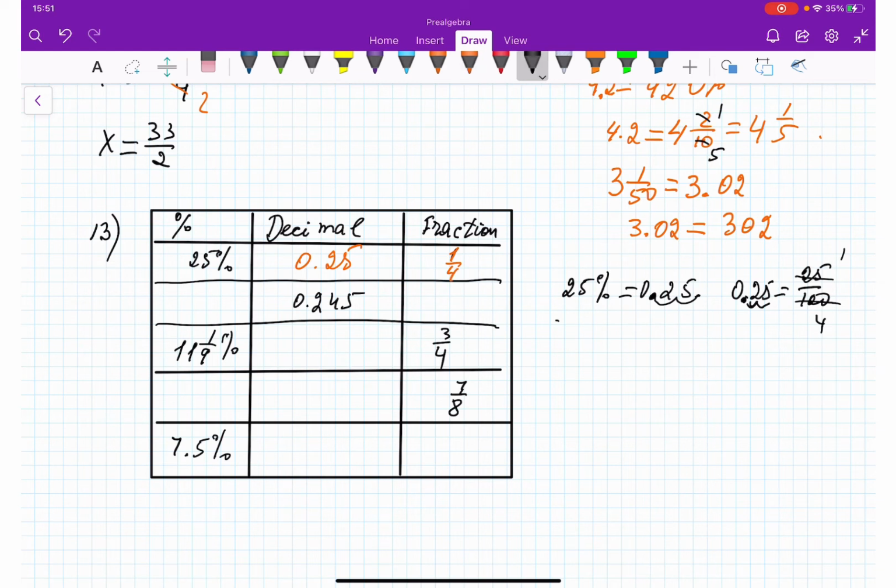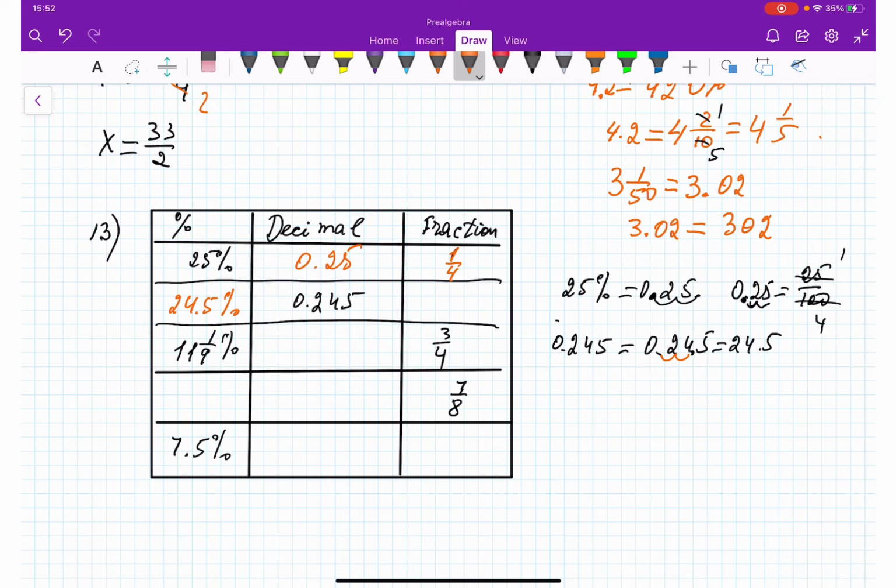Next one, 0.245. So to get a percentage, we need to multiply by 100. So multiply meaning moving by 2 positions, 1 and 2, which is going to be equal 24.5. Yes? Percent. Okay?